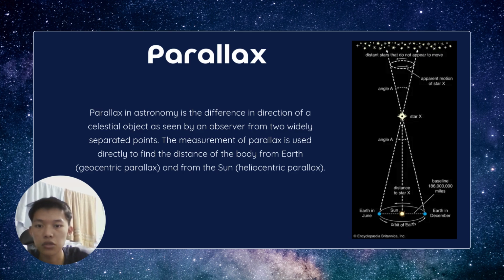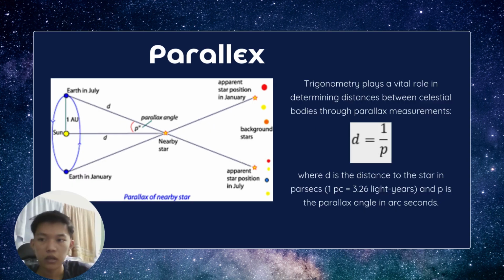Geocentric parallax measures this shift using two points on Earth, while heliocentric parallax measures it from opposite sides of Earth's orbit around the Sun. Trigonometry is essential in determining celestial distances through parallax measurement, which relies on the apparent shift of a star against the background when viewed from different positions in Earth's orbit.